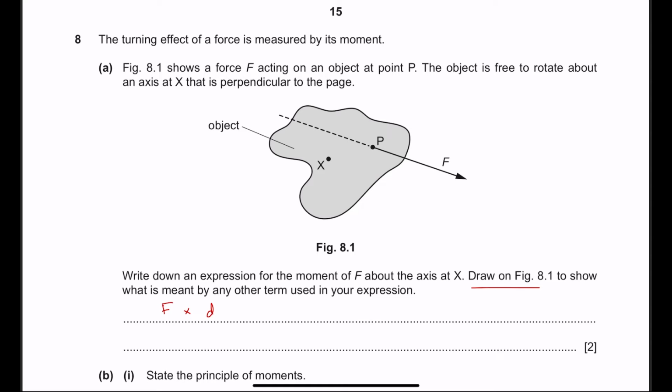So what would be the distance? Would it be this? That is totally wrong. This is not going to be the distance. In fact, you have to be able to explain that this distance is the perpendicular distance from the pivot to the line of action of the force.